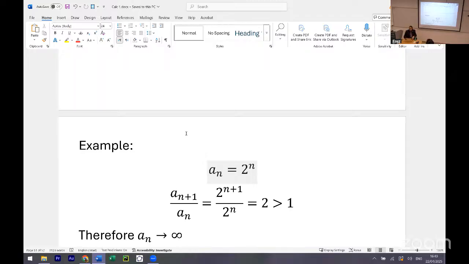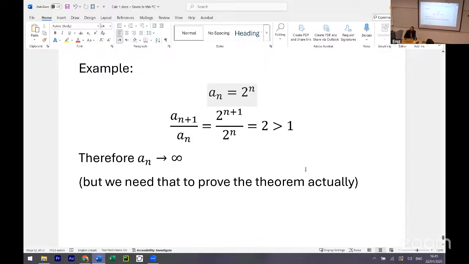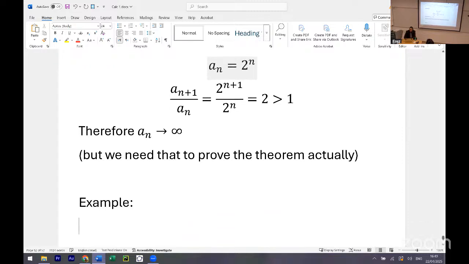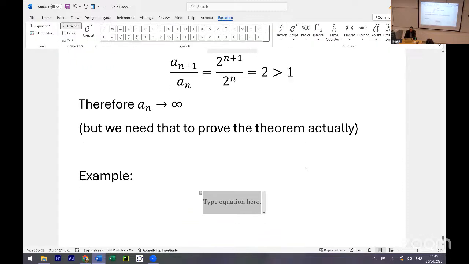Okay, now let's do it with something much more interesting, in my opinion, of course. And you, as computer science majors, should know the importance of the limit of n over 2 to the n.